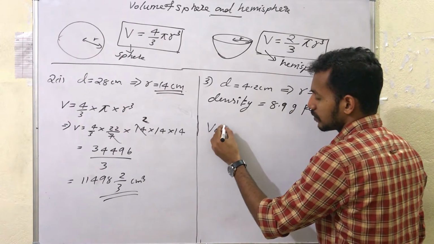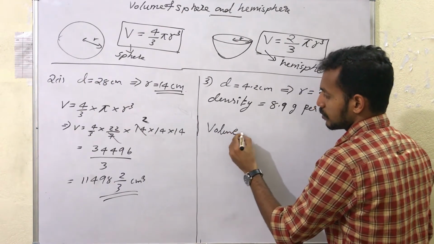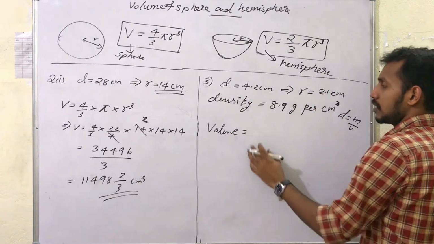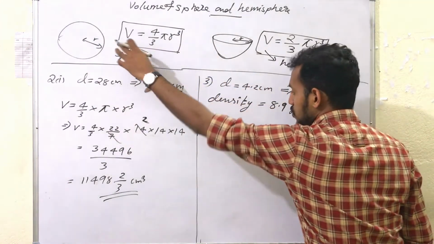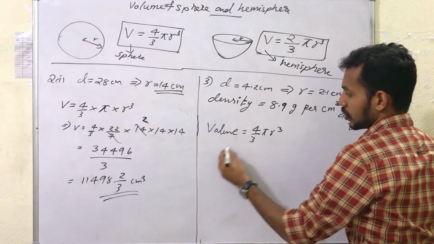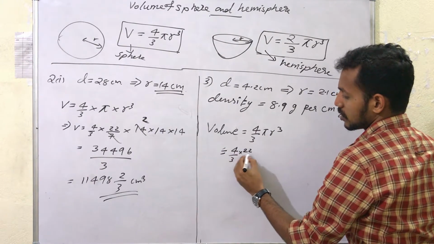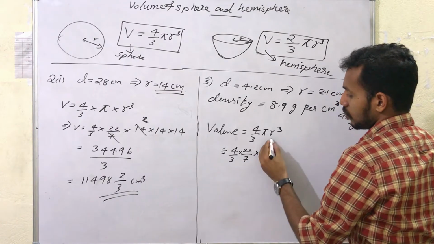Volume is equal to, it is a ball, therefore it is in the form of a sphere. So what is the formula? 4 by 3 pi r cube, which is equal to 4 by 3 into 22 by 7 into the radius.